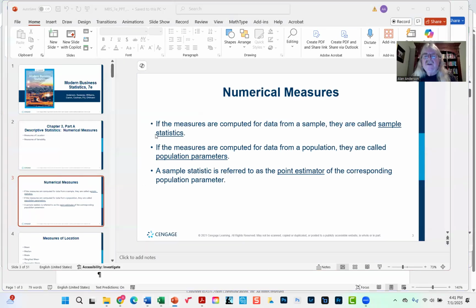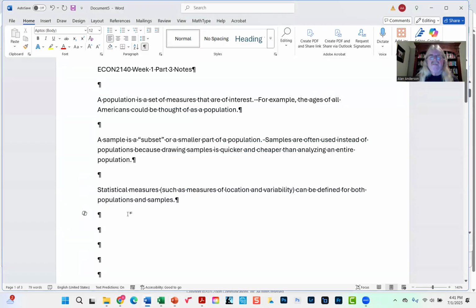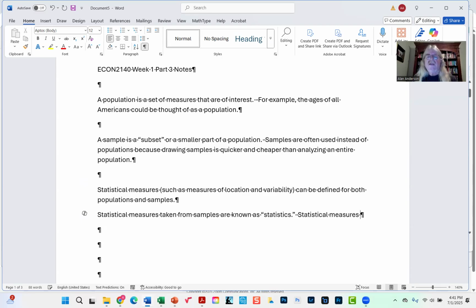Now, in terms of definitions, statistical measures taken from samples are known as statistics. There's that word, statistics. Statistical measures taken from populations are known as parameters.